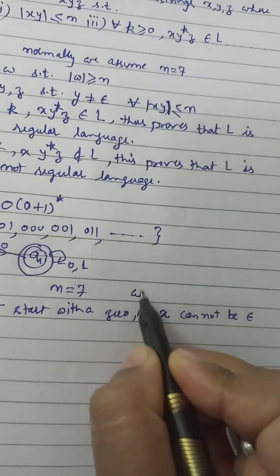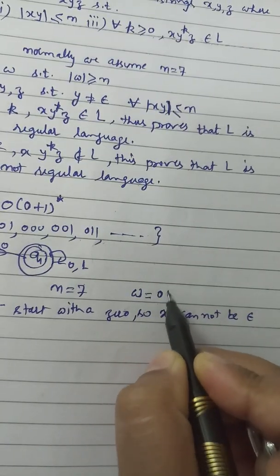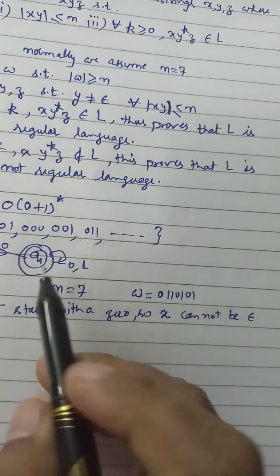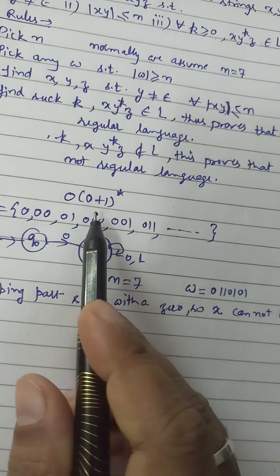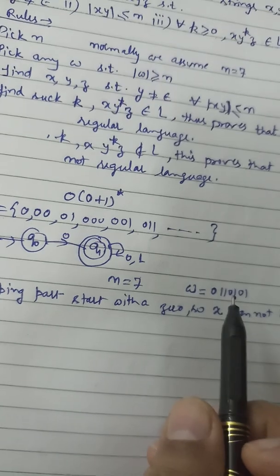Suppose we take a string omega equal to 0110101. That is possible with this, because it can be any combination of 0 1 after 0.